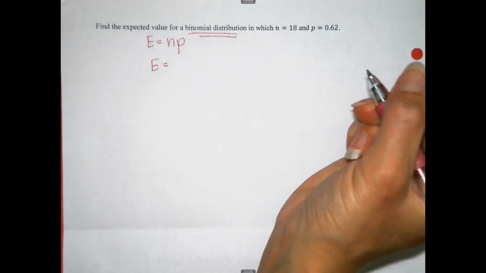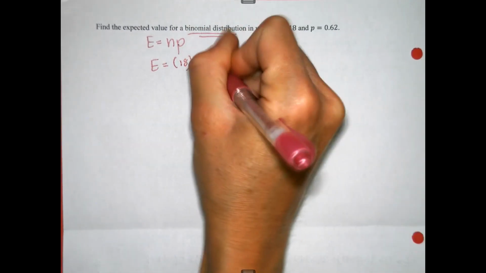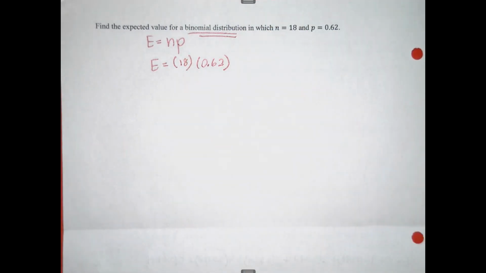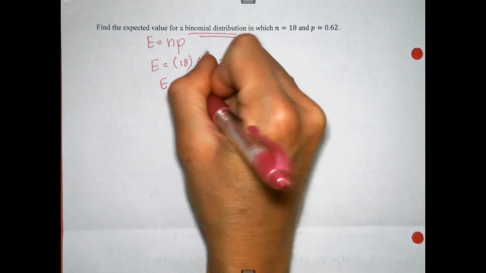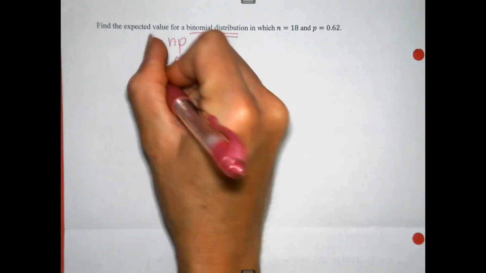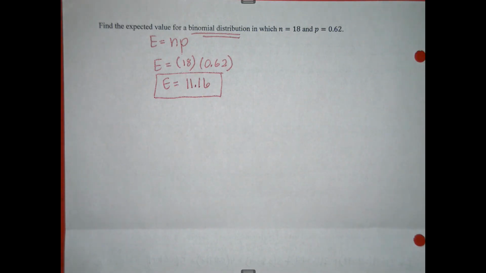Therefore, our expected value will be 18 times 0.62, and 18 times 0.62 equals 11.16. And that's it for chapter 12.